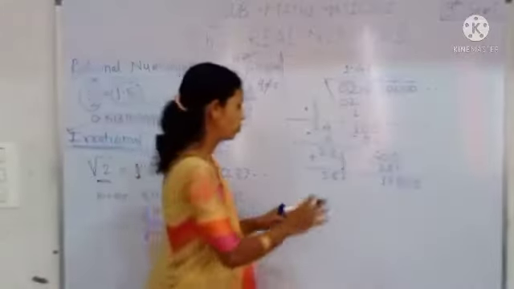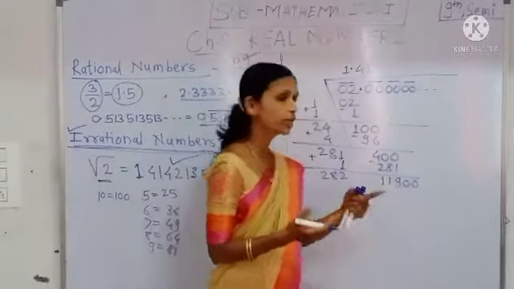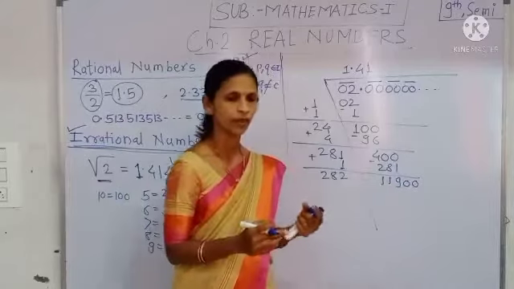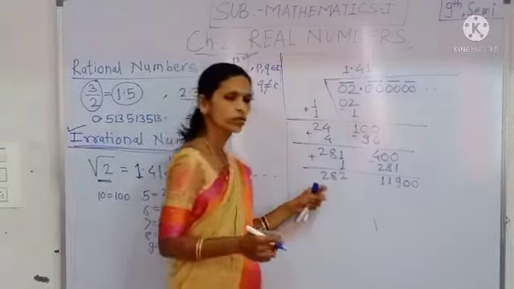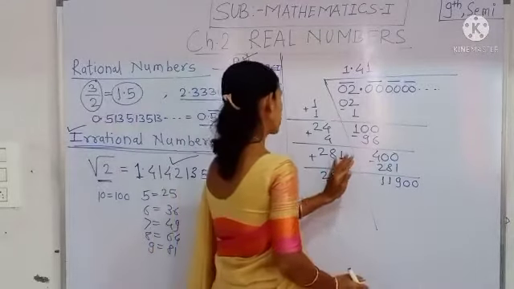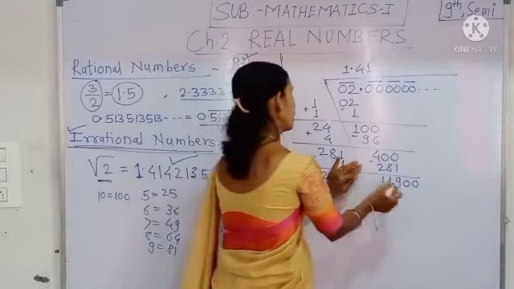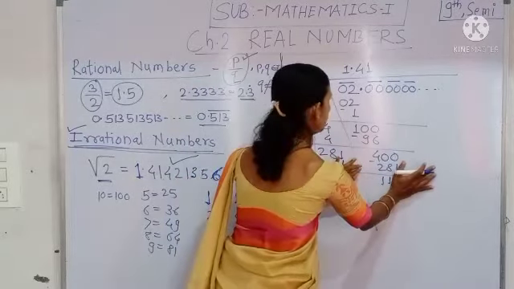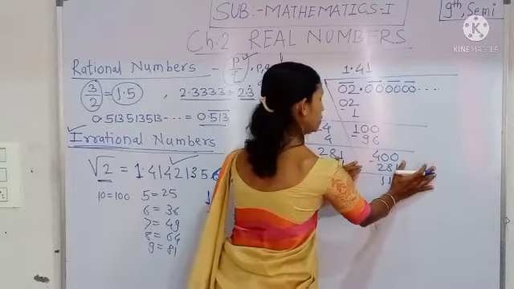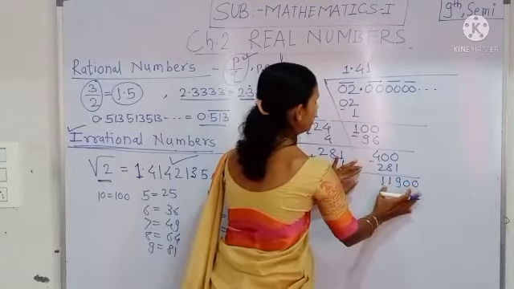Now here the numbers become complicated, and therefore we can use one method for it. First of all, see here only 2 is taken here, and the 2-digit number 11 is taken here. Then count the table of 2 up to 11.